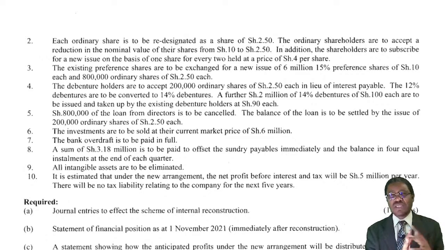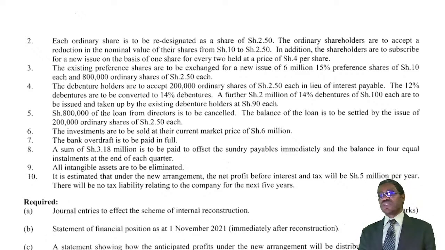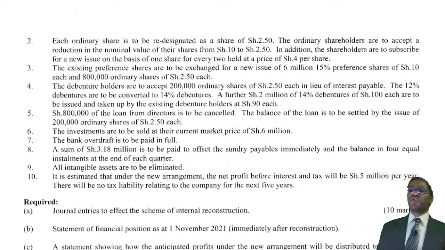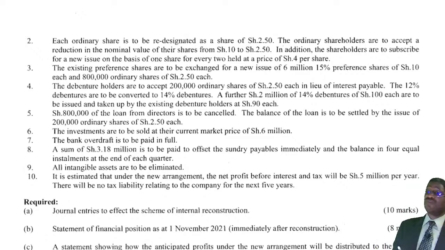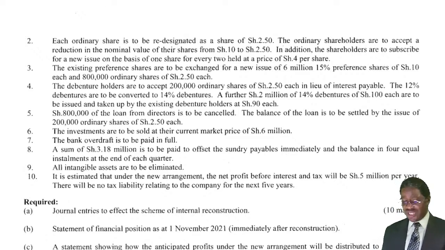From 10, that's what the second line says, from 10 to 2.5. So one share is losing 7.5. 7.5 shillings times 2 million shares. So in total, our shares are losing 15 million. Good. I think that's correct.